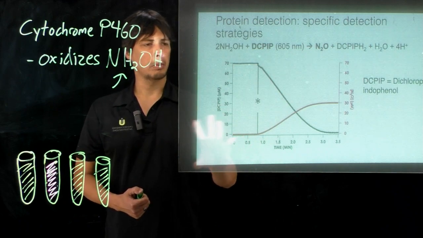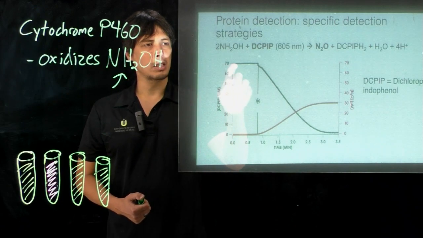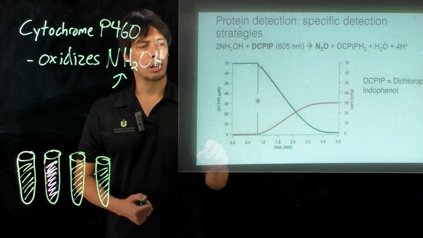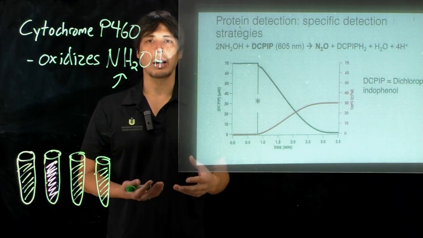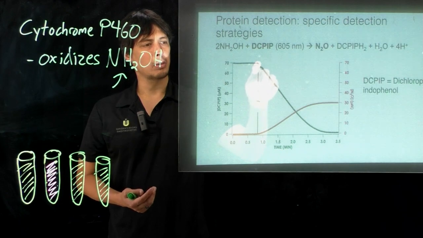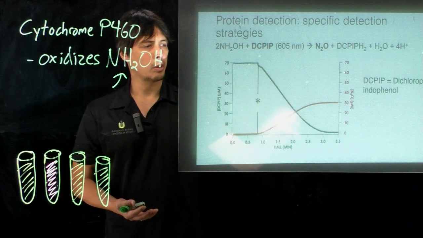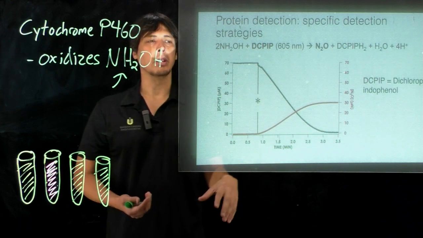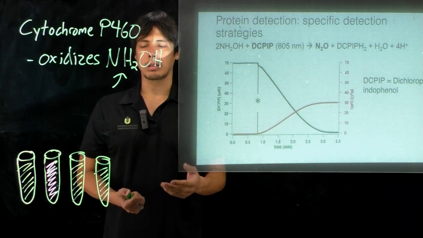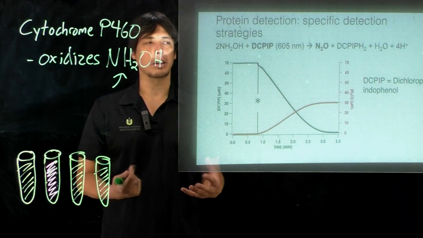And that indicates that hydroxylamine is somehow being converted to nitrous oxide. So in this figure on the bottom left-hand corner is a figure following the consumption of DCPIP. The asterisk is when hydroxylamine was added to the enzyme. And then you can see immediately after hydroxylamine was added, we see this decrease in the concentration of the DCPIP all the way to 0 over about 2 to 3 minutes. And so that tells us that we probably have this enzyme activity.